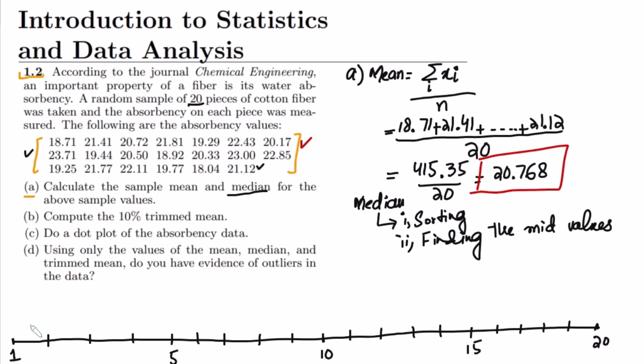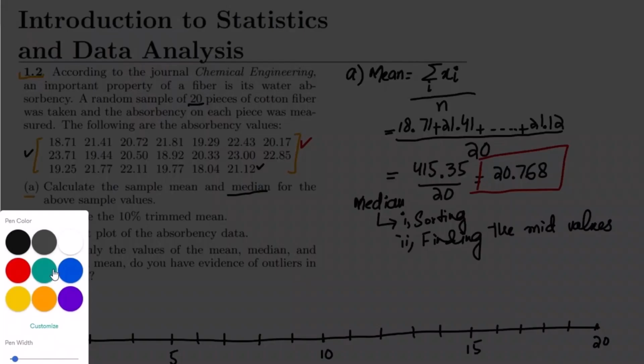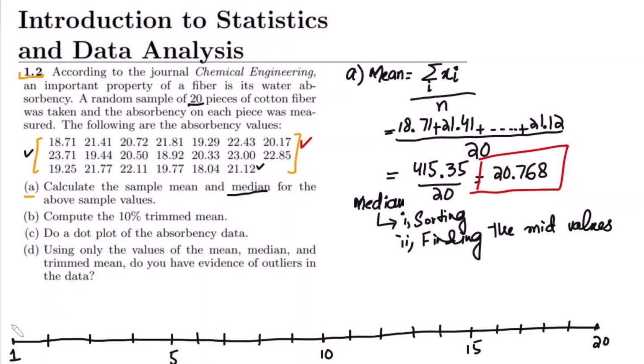So the lowest of it is 18.04. Okay, the second value here is 18.71. Okay, this is 18.92. Okay.